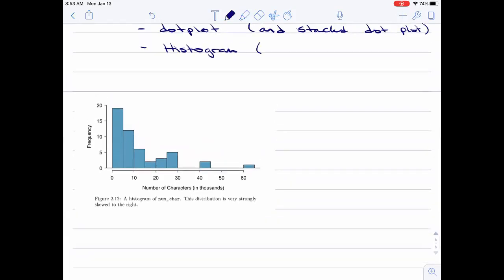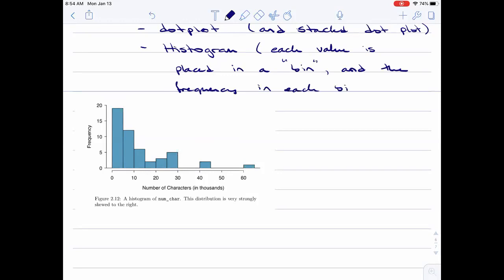Each value is placed in a bin and the frequency in each bin is shown.